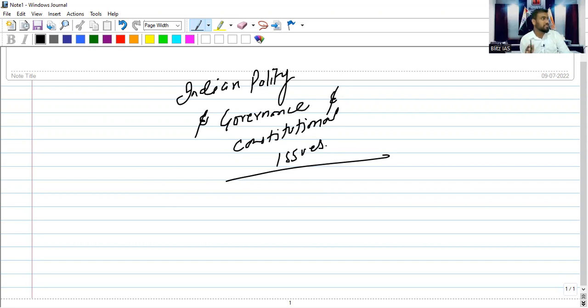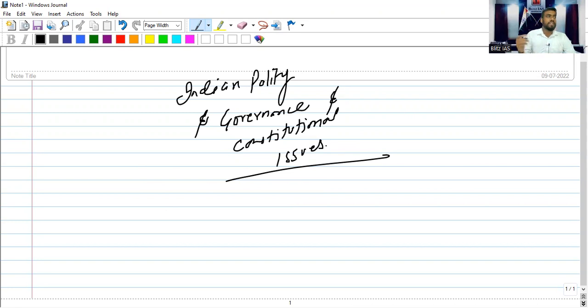In your general studies paper, a direct question will come on constitutional issues, governance aspects, political awareness. Questions on dilemmas will come, and UPSC wants you to take some stand on those issues.